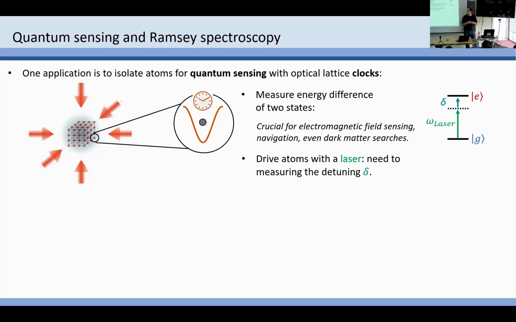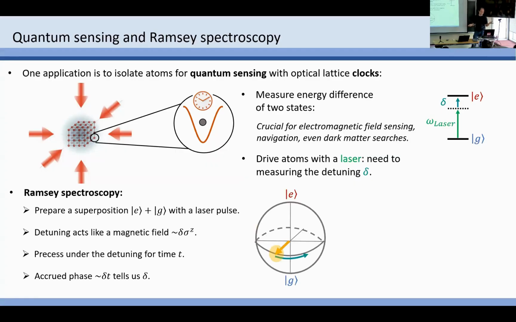I'm not a big dark matter expert. So what I can do is drive the atoms with a laser. Not the laser forming the lattice, but an additional laser drive of known frequency. And if I measure the detuning of that laser, I will be able to obtain the true atomic transition frequency.